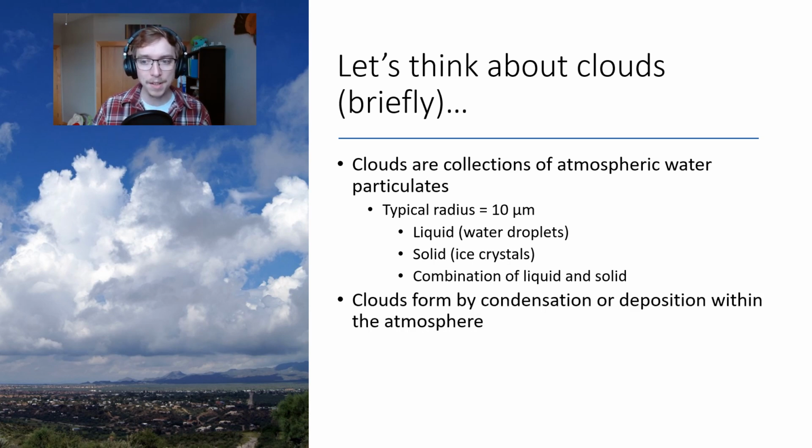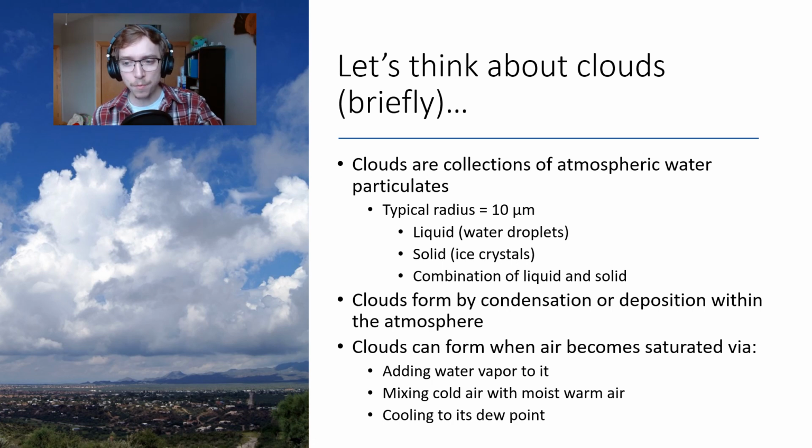They can form by condensation or deposition within the atmosphere, typically around some type of seed particle or seed nucleus, essentially. Clouds can form when air becomes saturated via adding water vapor to it, mixing cold air with moist warm air, or cooling air to its dew point. And that's the big one that we're going to focus on today, is cooling air down to its dew point, or in this, lifting and adiabatic processes. So that's what this video is going to focus on.